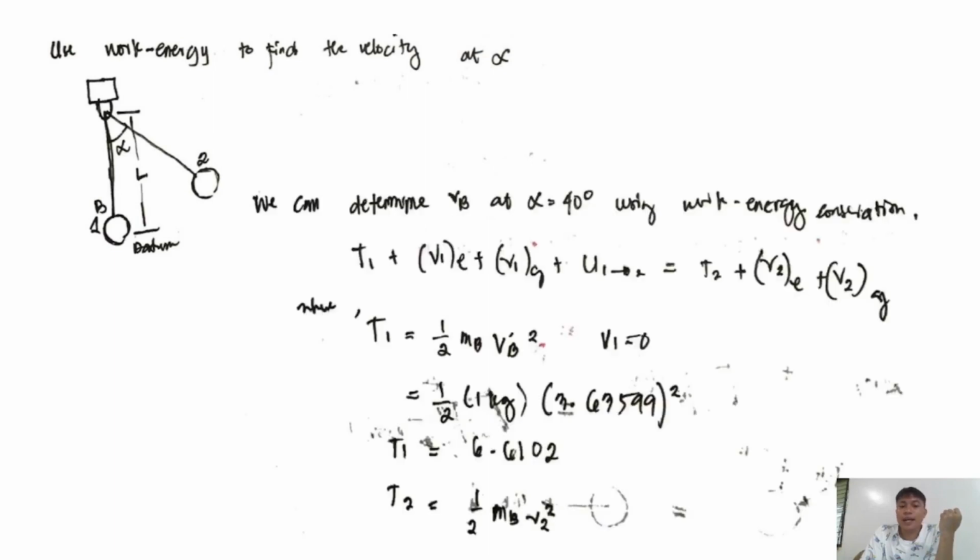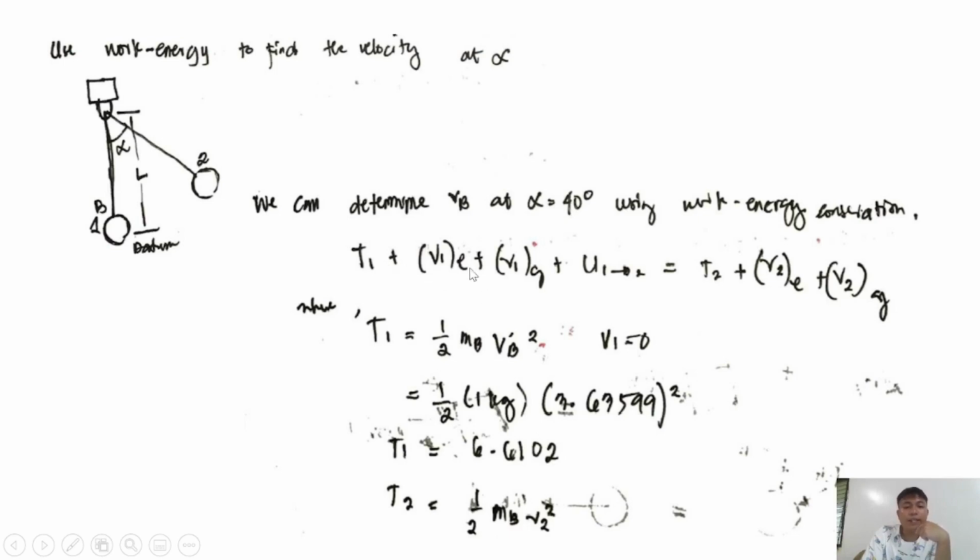So now, use work and energy to find the velocities at alpha. We can determine the motion here: at point 1, this is the datum, and at point 2, it is here. So we can determine VB at alpha, since 40 degrees is given, using work-energy conservation.